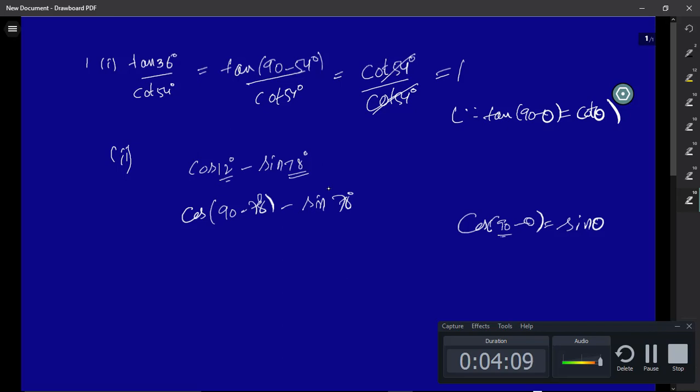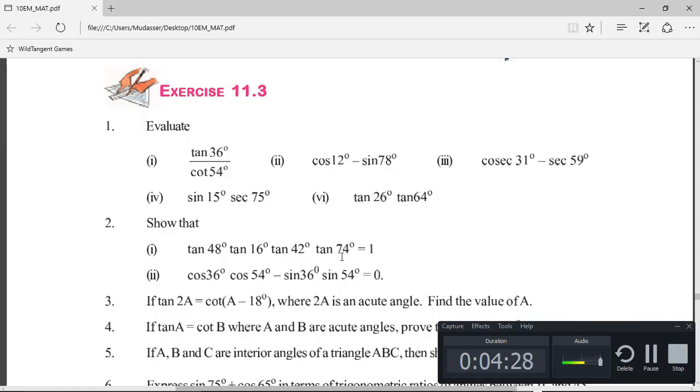If you have 90 degree here, cos gets converted to sine. Cos of 90 minus theta is sine theta. What is theta here? 78 degrees. Sine 78 minus sine 78 is how much? 0.